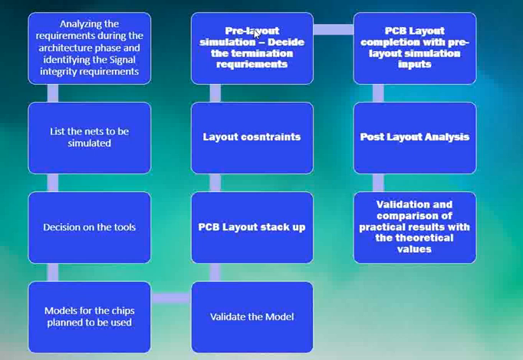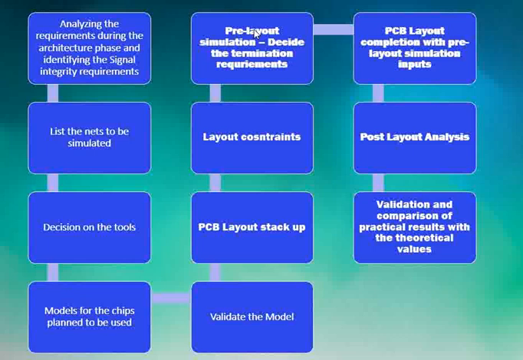So for pre-layout simulation, there are three or four things that are required. The first thing is the stack up needs to be decided. That means the number of layers as well as the material to be used in the stack up need to be finalized. And then the layout constraints.